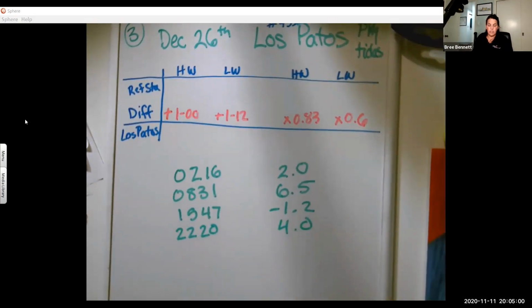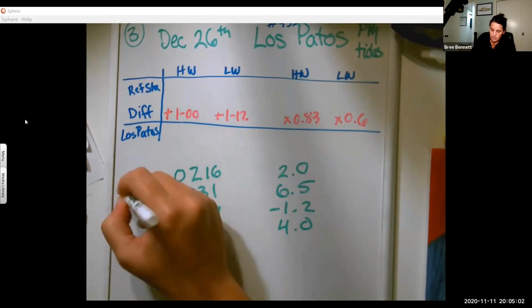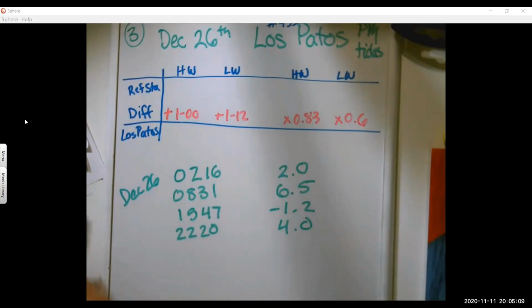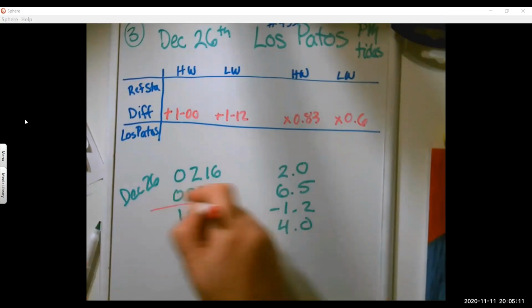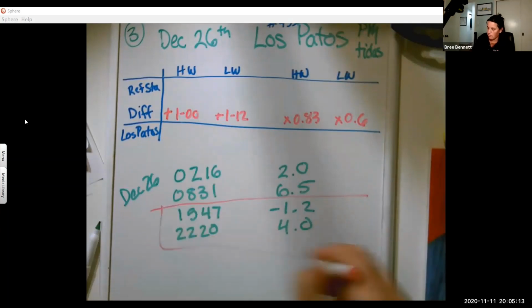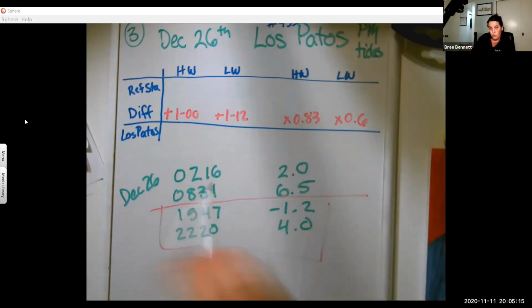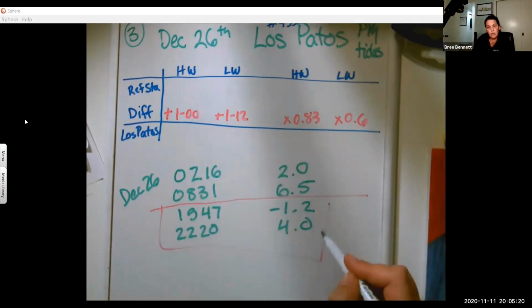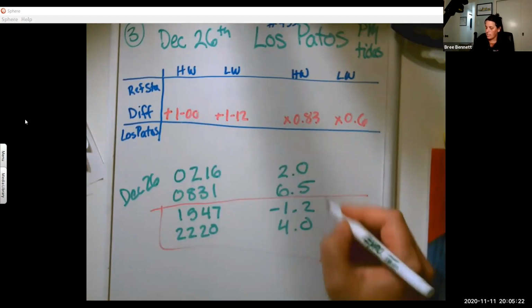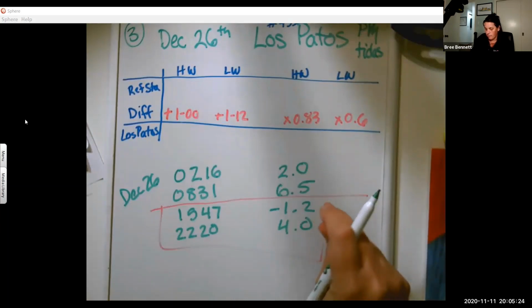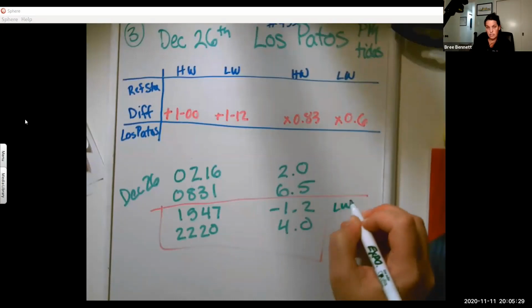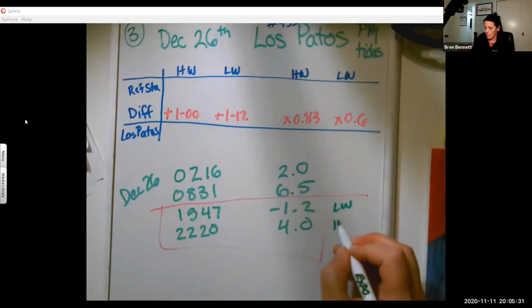So I have these numbers for December 26th. They are asking us what our PM tides are, so again we're just looking at our PM tides. In order to transfer it to our table here, I need to know which one's high and which one's low. In this case, our earlier one is low water, and our later one is high water.